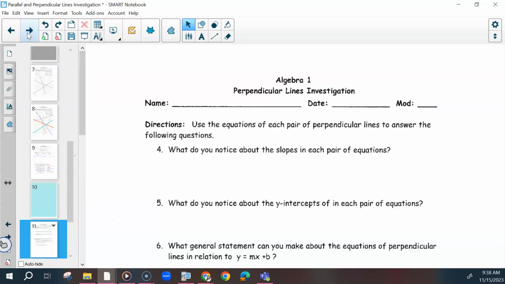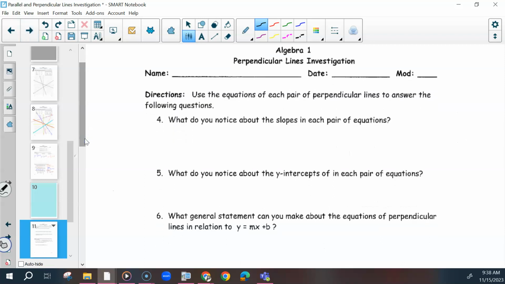Alright, what did we find about the slopes? They flip. So when you say flip, what does that mean? Is that the only thing that changed? So just about the slopes. Two things happened.